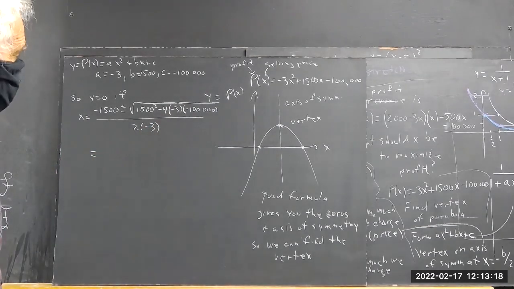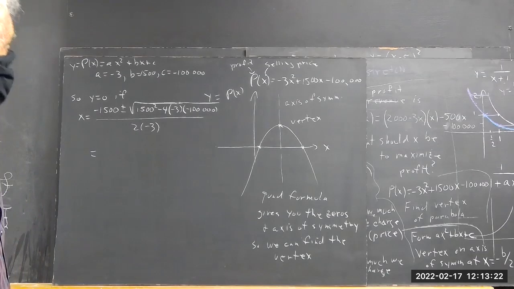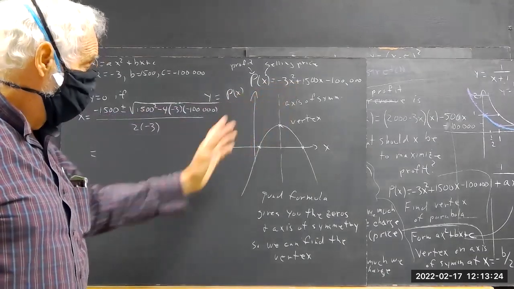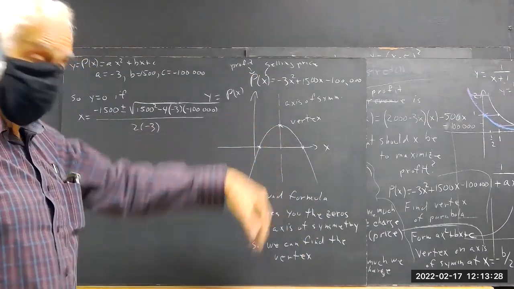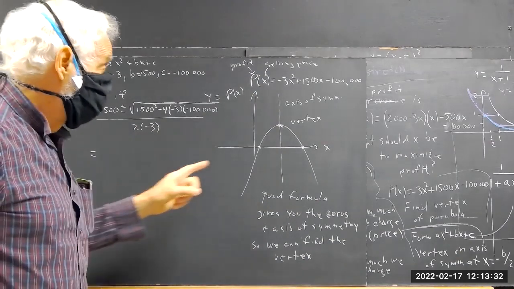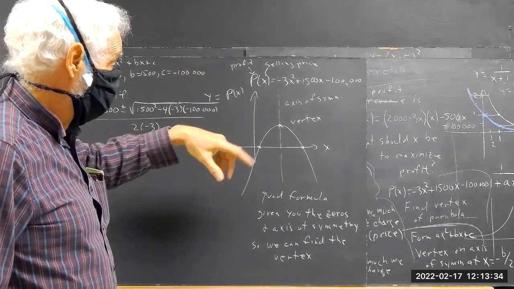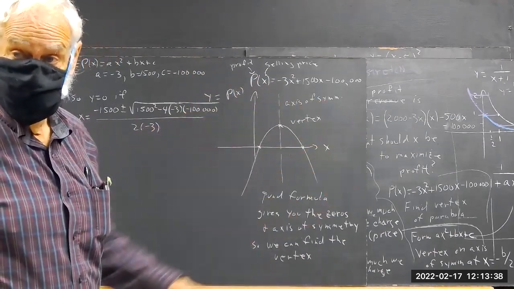Now, moment of truth here for your model. Since you have a negative in front of x squared, you know that the thing is upside down. Anyway, it's got to be that way, or otherwise it wouldn't be a reasonable model for this.